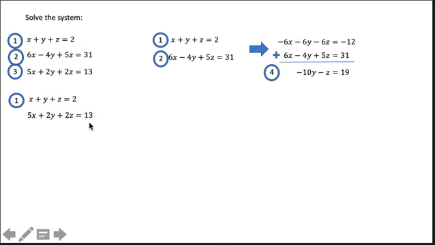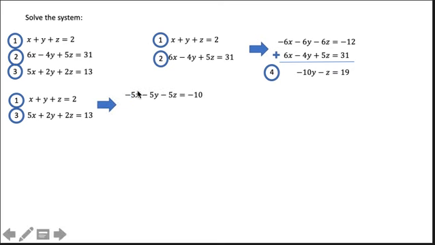So I took equation 1 and equation 3, and I'm going to eliminate x. I have to eliminate the same variable I did the first time so that I end up with an equation that has a y and a z variable in it and not different variables. To do this, I have to multiply the top equation by -5.